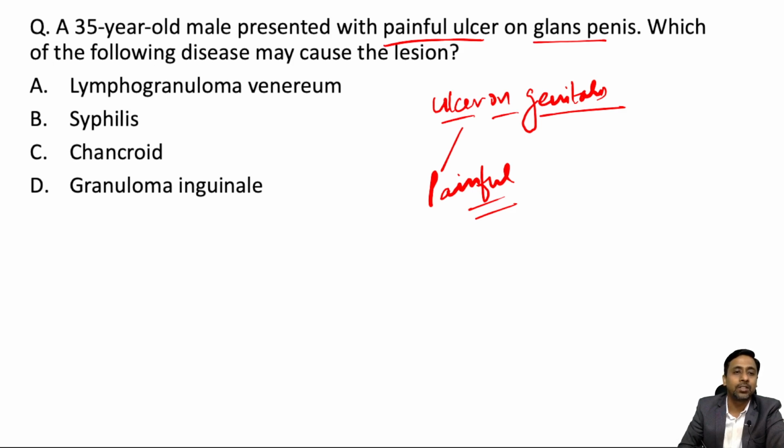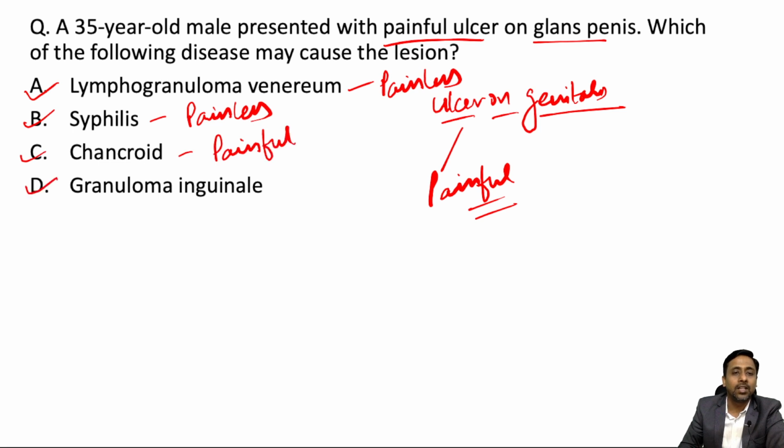So the first option is lymphogranuloma venereum. What we know now is that it is painless. Syphilis, the ulcer is again painless. Chancroid, this is painful.